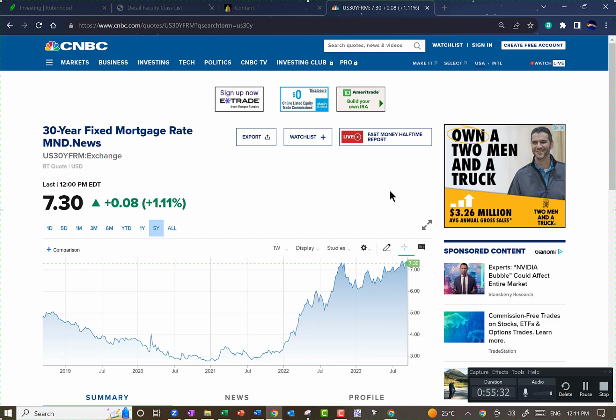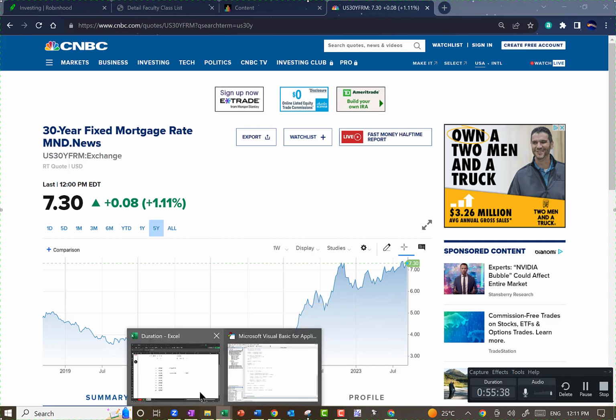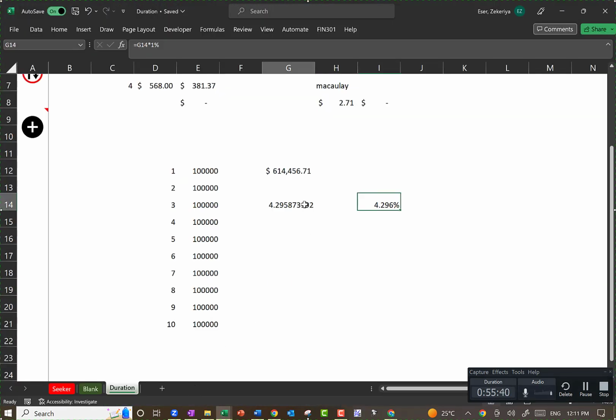So that's a 4.5 points increase. If it increased by 4.5 points, that mortgage would have lost about 20% of its value. And that's approximate.